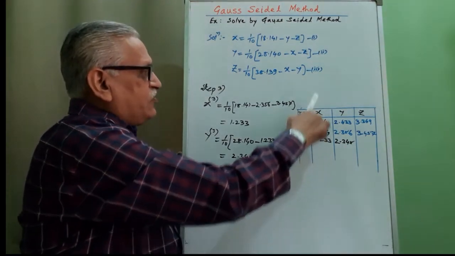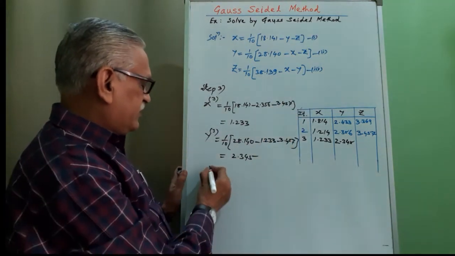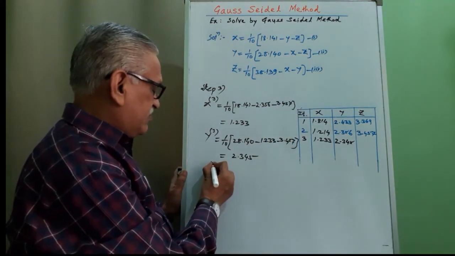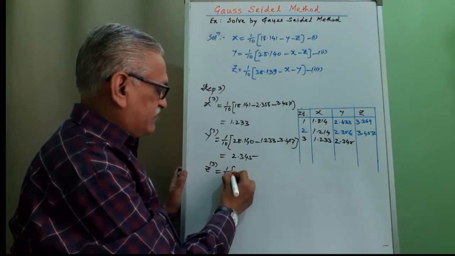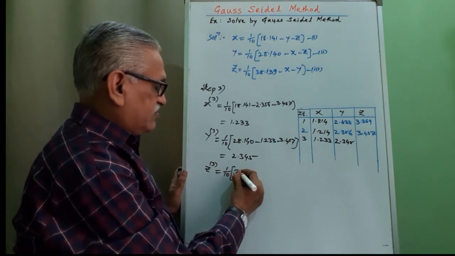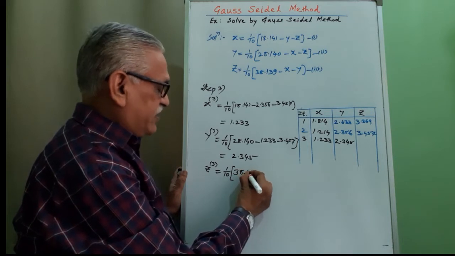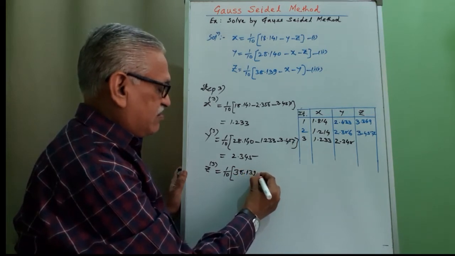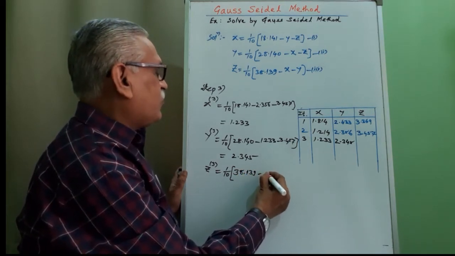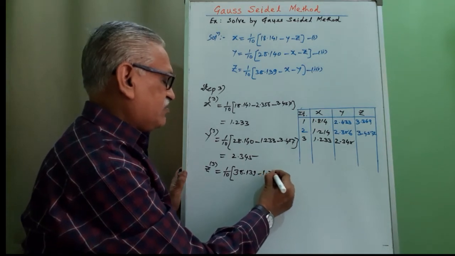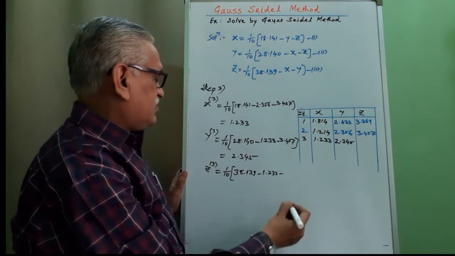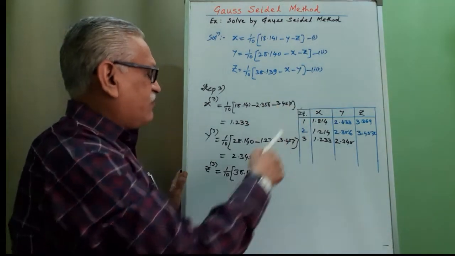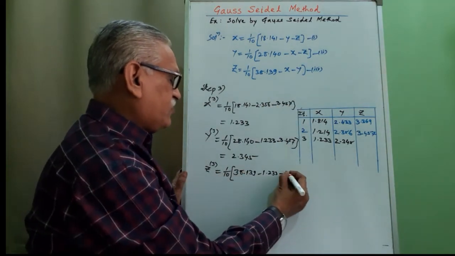Then put these two values here in the third equation to get z3 as 1 by 10 times 38.139 minus x, 1.233, minus y, the value of y is 2.345.